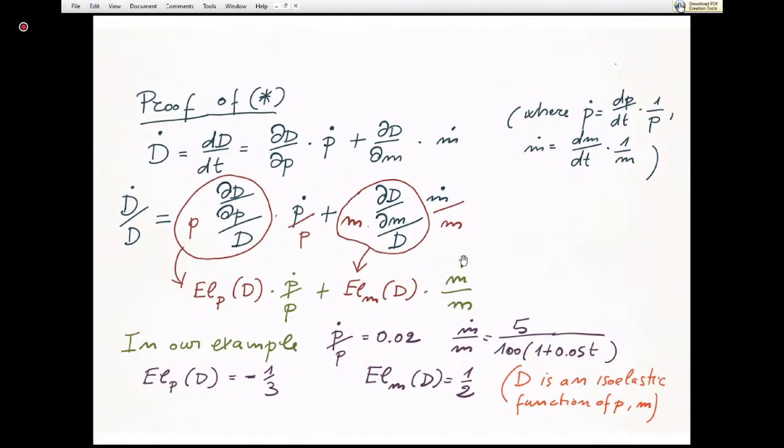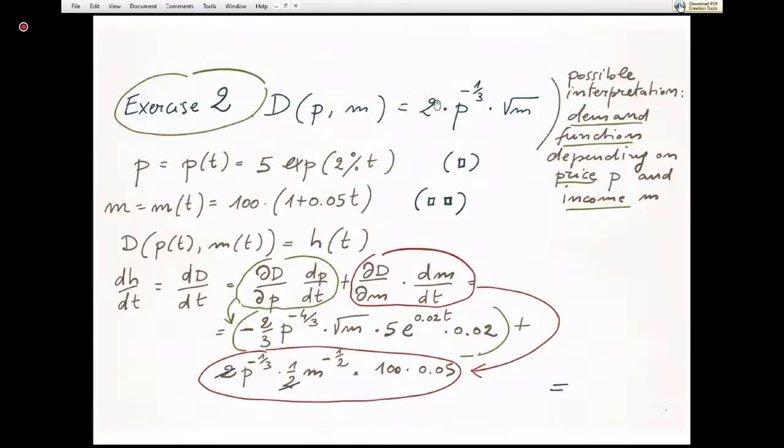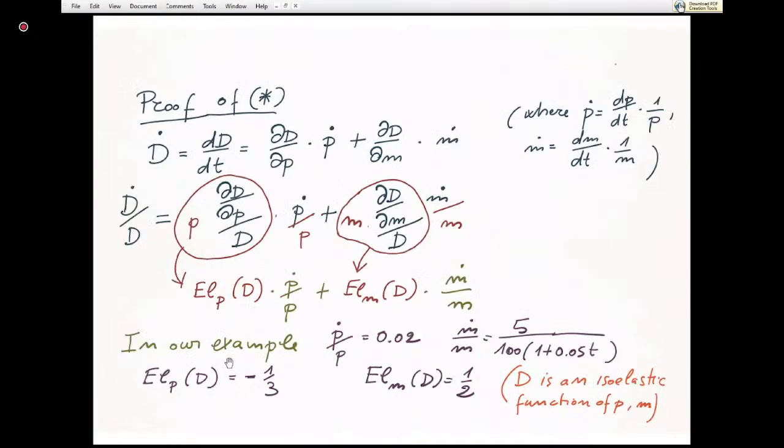In particular, if our function D, that depends on price and income, is a power function, in our case a multiplicative constant times the power of the first variable times the power of the second variable, these elasticities are constant, because power functions in two variables have constant elasticities, and they are equal to the exponents.